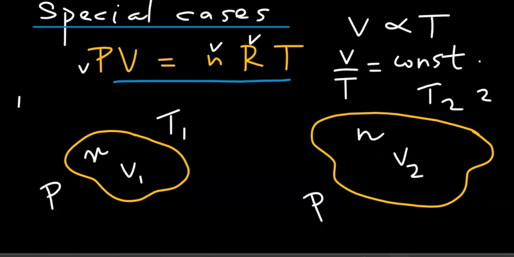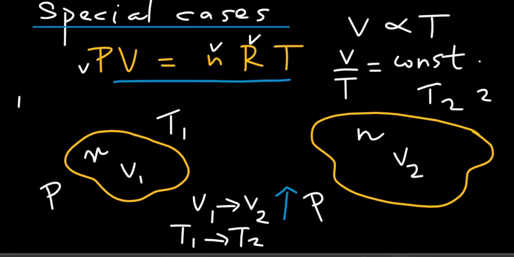So in this particular case, as we increase the volume of this gas sample from V1 to V2, what's going to happen to the temperature? It will change from T1 to T2, and the value of the temperature will also increase.